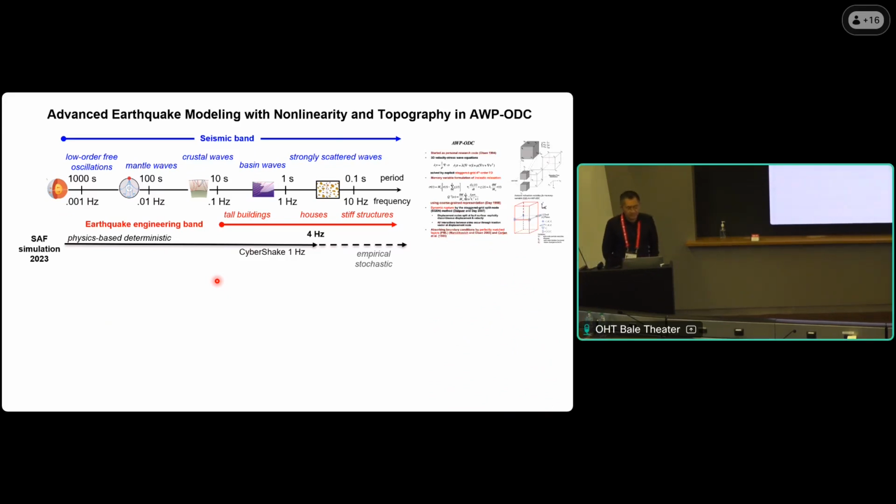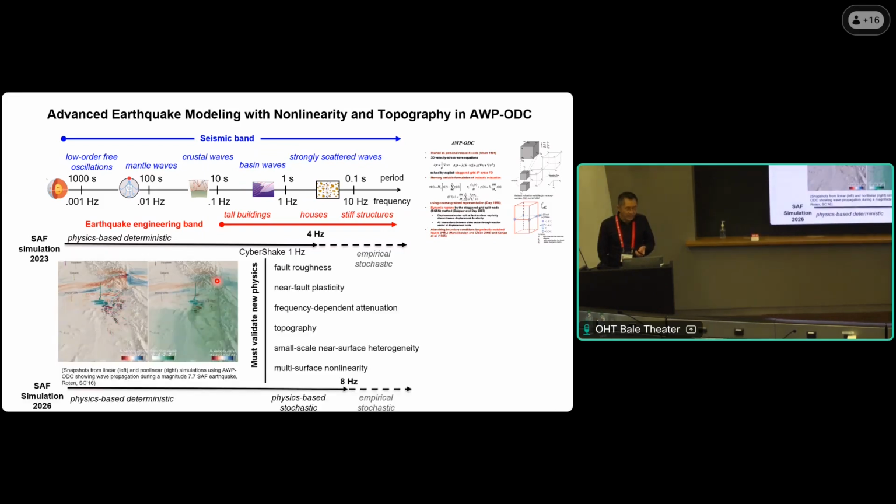This solves the elastodynamics equations, a coupled system of PDEs, second order in time, fourth order in space, with a staggered grid and split-node formulation of the boundary condition for dynamic rupture simulations. Te-Yang is going to talk more about the numerical method later on.